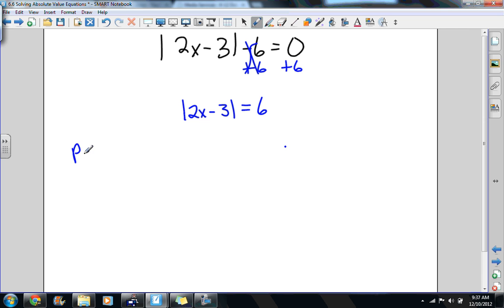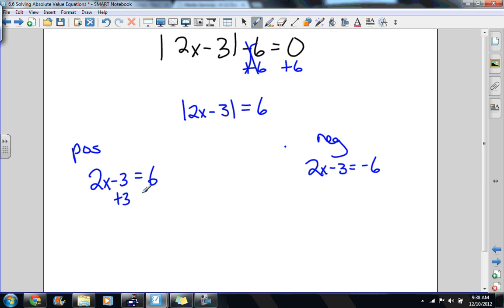And now we can do the positive-negative trick to get rid of the absolute value bars. I would like to point out too that with these bars in a problem, you can't solve it. You have to do this trick to get rid of them. So we get 2x minus 3 is equal to 6. Over here we get 2x minus 3 is equal to negative 6.